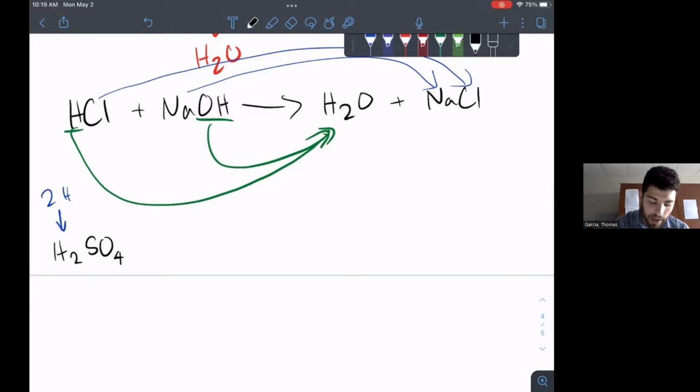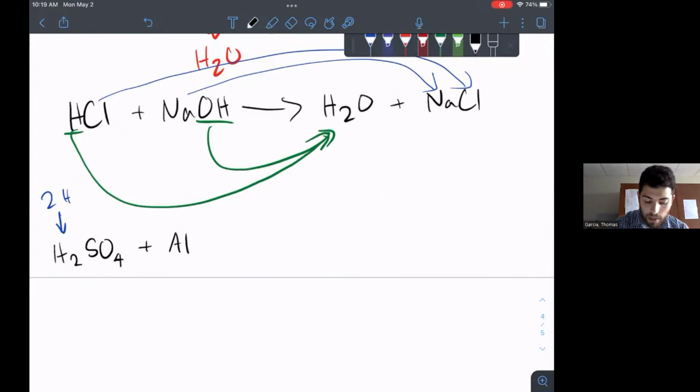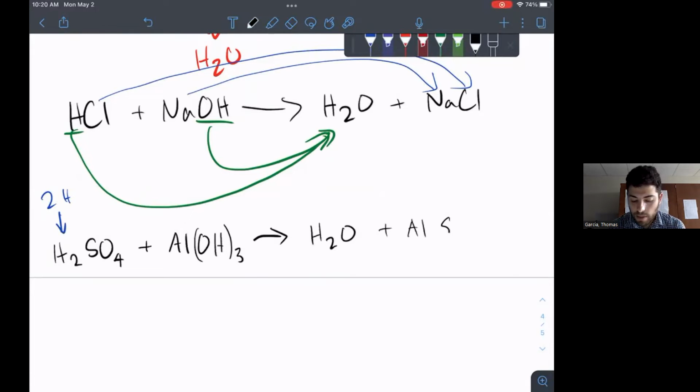And let's say we go ahead and combine it with maybe something weird like aluminum hydroxide, Al(OH)3. So now we have a different ratio. So we're still going to produce H2O plus whatever our salt is, AlSO4, but now we have to balance things out.